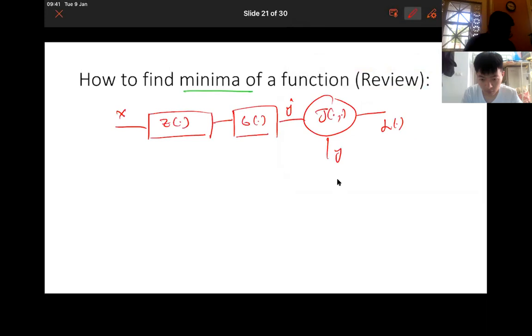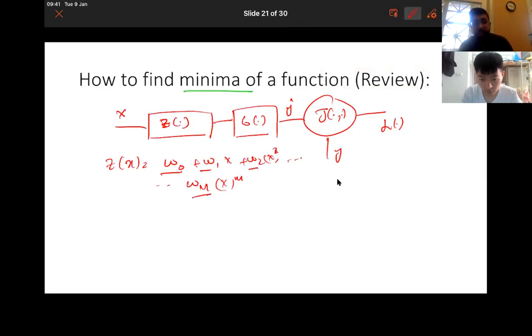How do we find the right value of weights? Remember, z of x is w0 plus w1x plus w2x squared, and so on. How do we find these right weights?